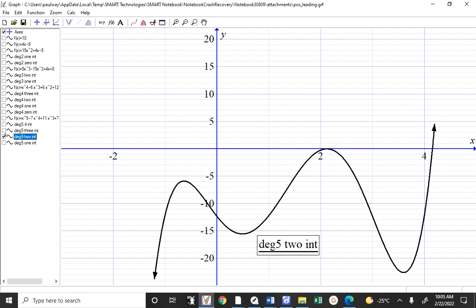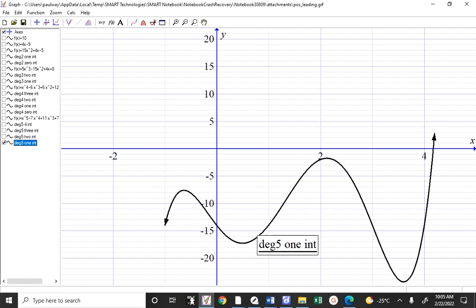Could it have only 2? Sure. Could it have 1? Definitely. Can it have 0? Well, no, because if the arms are going in opposite directions, it has to cross the x-axis somewhere. And again, the arms are going in opposite directions because it's an odd degree.